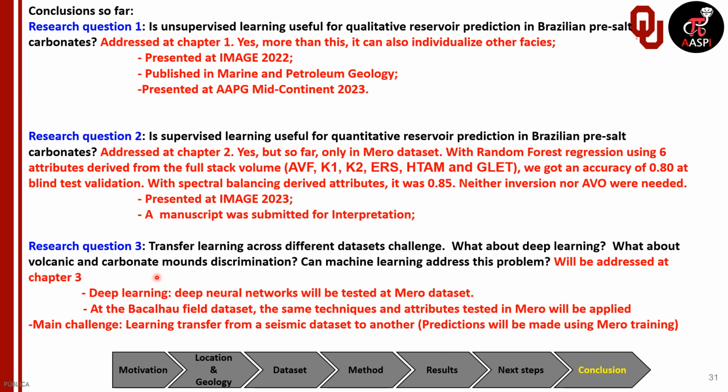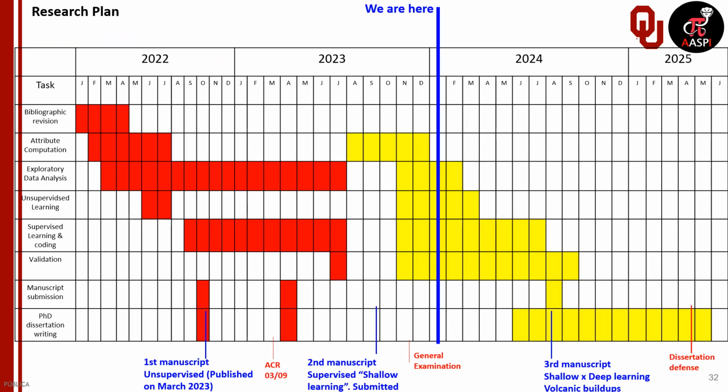So we're going to look at deep learning, make the same techniques and attributes testing in Meru field, use the Meru field training, and see how we can transfer this learning to make accurate predictions at Bacalhau field and anywhere in the basin, okay?